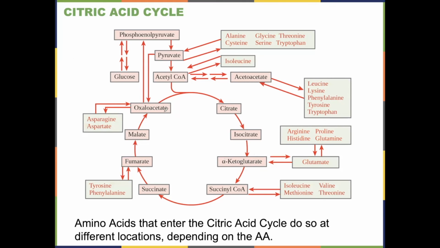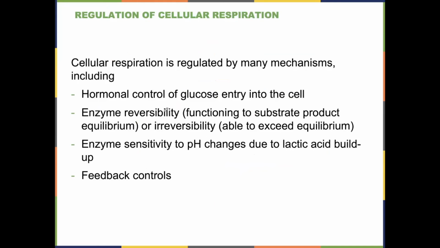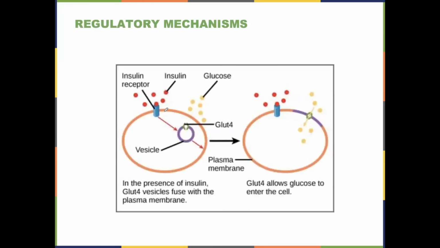Now, these pathways are actually regulated by different mechanisms, and there are different levels of control here that can occur. The first level of control is whether or not glucose actually enters into a cell and is taken up by a cell. There is a peptide called insulin, and insulin is released or secreted into the blood when there's a high level of glucose that then needs to be taken into cells and broken down.